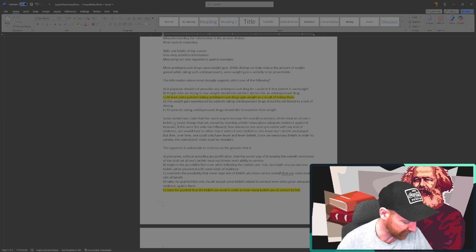D is about beliefs related to survival. That's different from needing a lot of beliefs related to survival, and it doesn't relate directly to the issue of increasing correctness of beliefs. And E is not what is wrong with the argument either. It's not saying the beliefs we need must be correct.